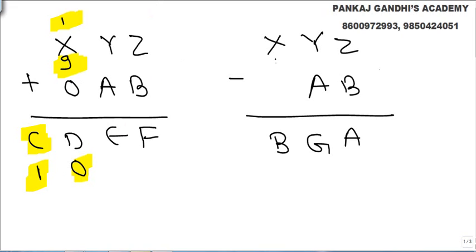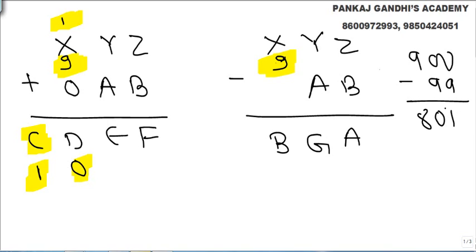Now use it here. We already know x is 9. Now x, y, z is a 3-digit number. Minimum is 900. And AB maximum can be 99. What I said is, XYZ is minimum 900 and AB can maximum be 99.